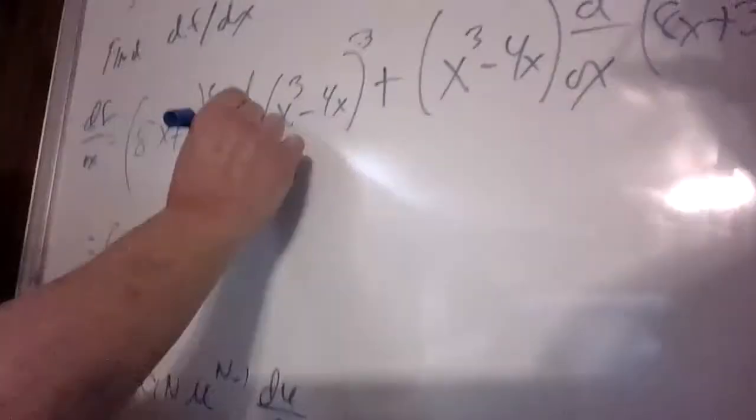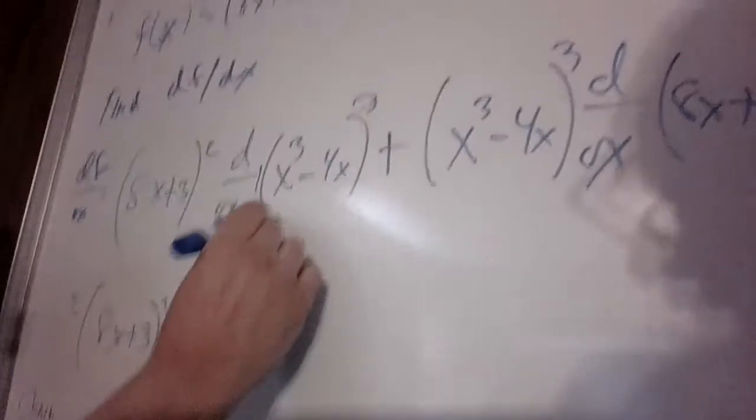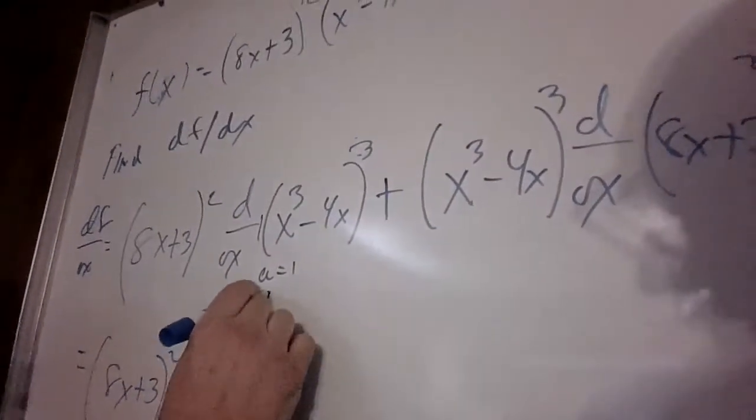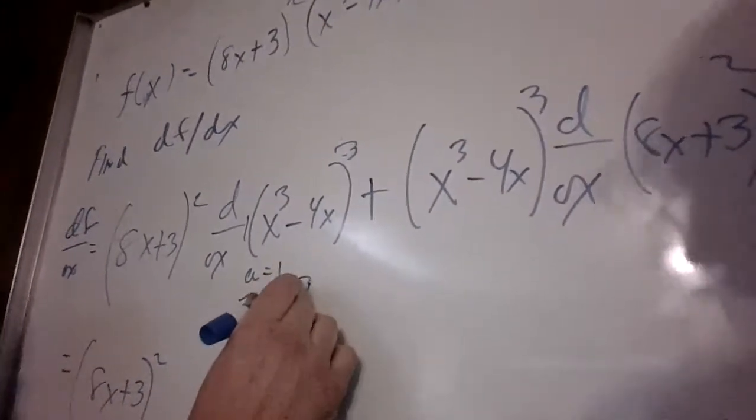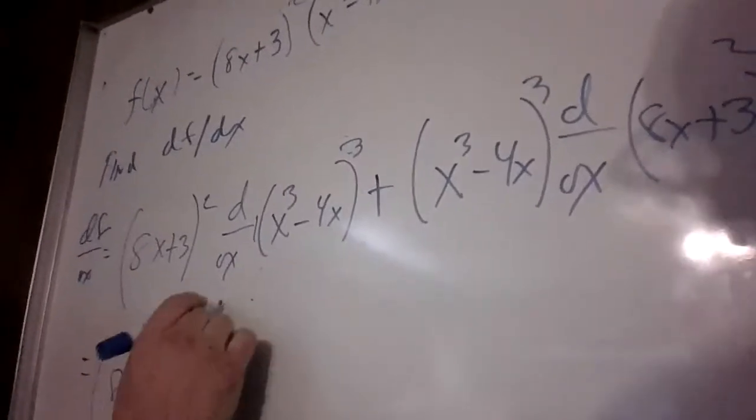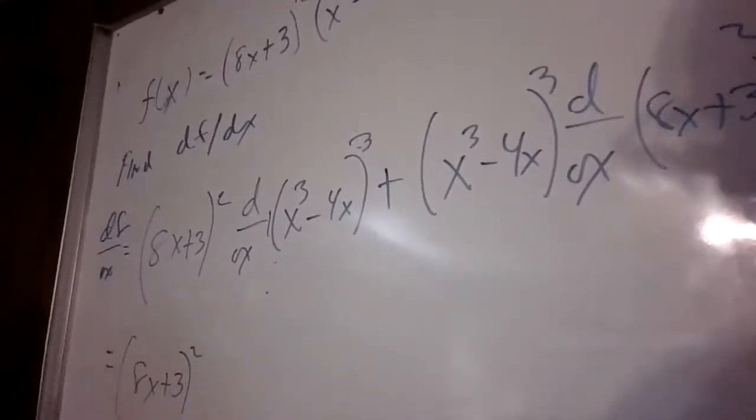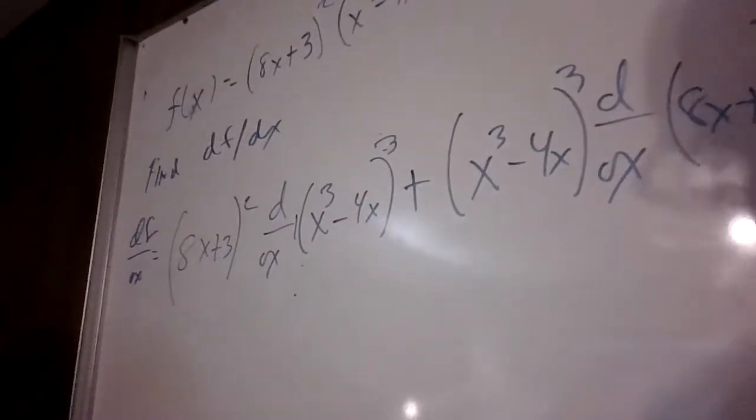So what do we have here? Here a is 1. U is going to be x cubed. I'm sorry, I should write bigger here. I'm going to bring this down here.